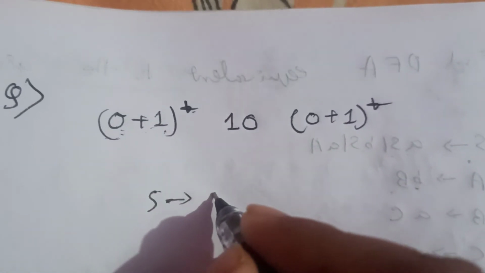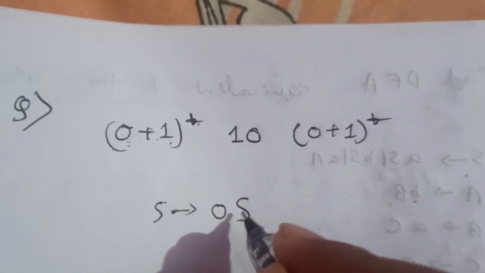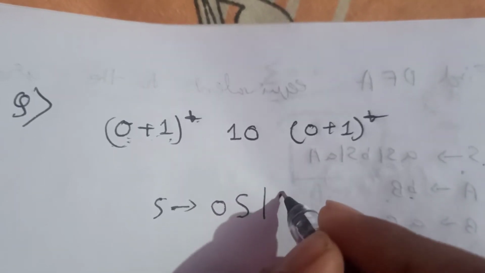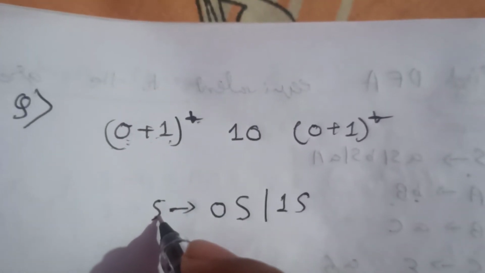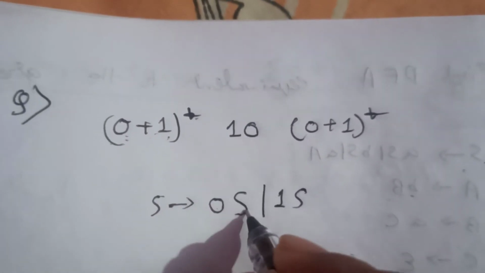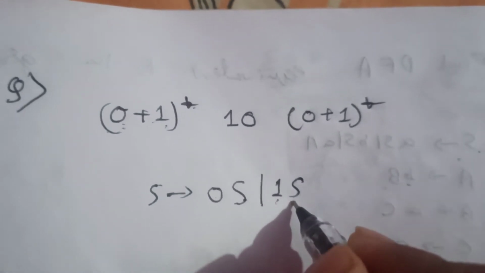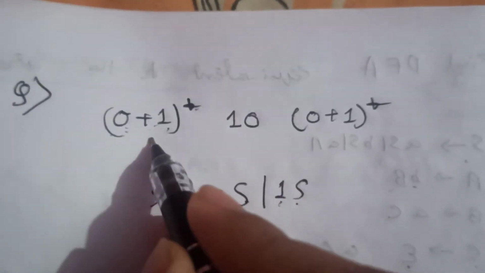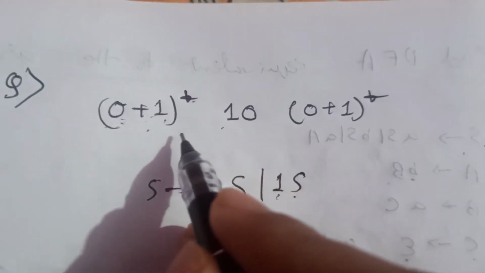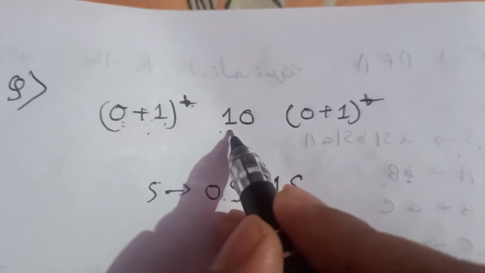I can only write one terminal value for a particular production rule, so I will write 0S and pipe it with 1S. This means if state S receives 0, it will remain in state S, or if it receives input symbol 1, it will remain in state S. So there is a loop for both 0 and 1. There can also be a new transition, that is for input symbol 1 it can also go to a new state.